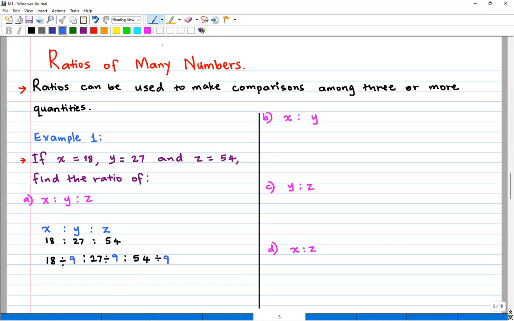You see? Let me use a different color to make this clear.